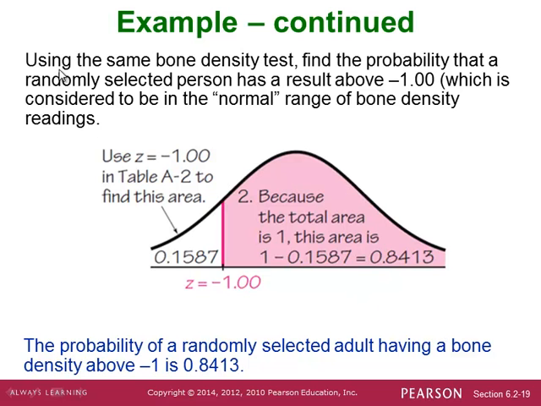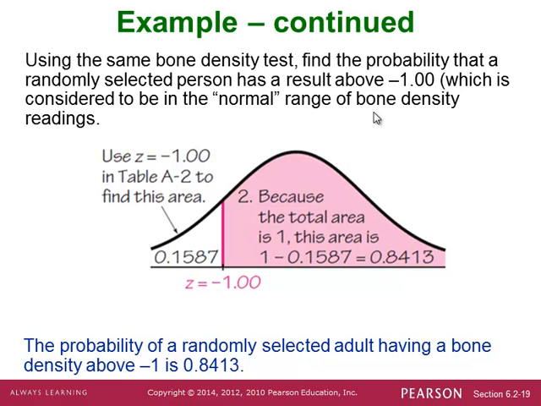Now we're going to take a look at this next example. Using the same bone density test, find the probability that a randomly selected person has a result above negative 1.00, which is then considered to be in the normal range of bone density.